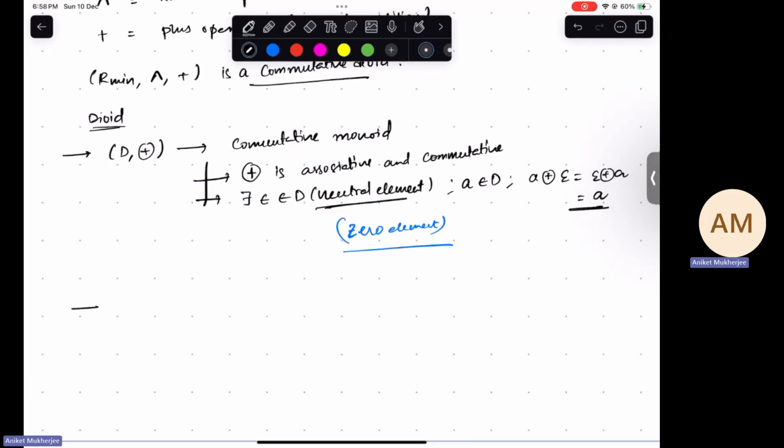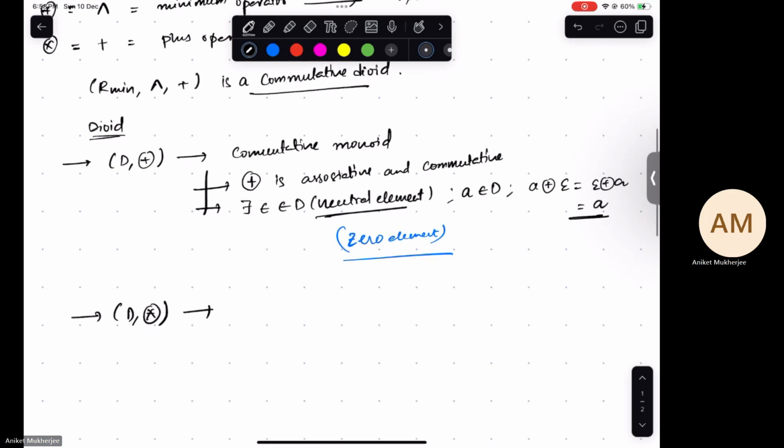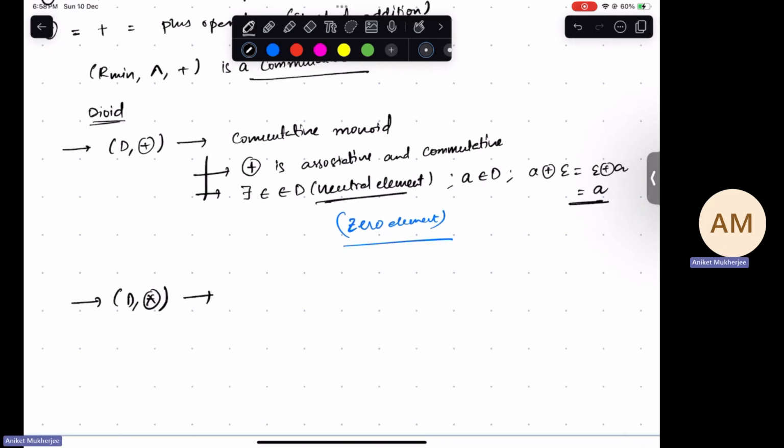Okay. Next we have D, the second operator. This is the set D, this is the first operator, and this is the second operator, not the other way around. The first operator is minimum, the second operator is plus. Next, this also should be a commutative monoid.